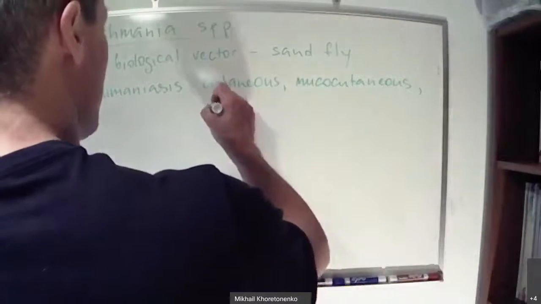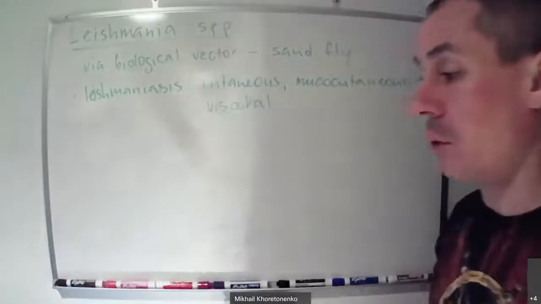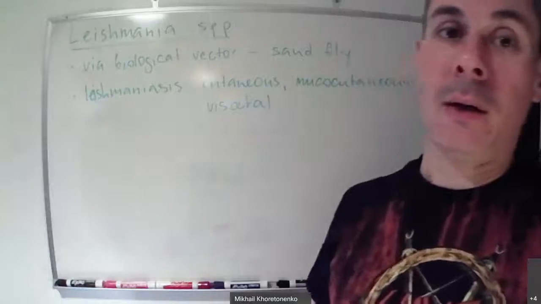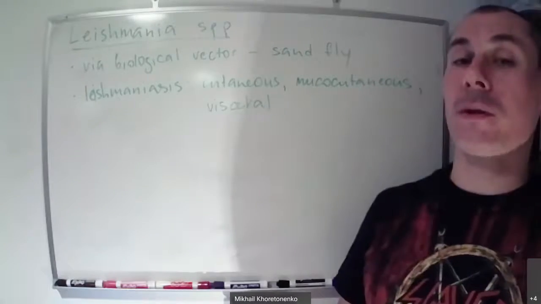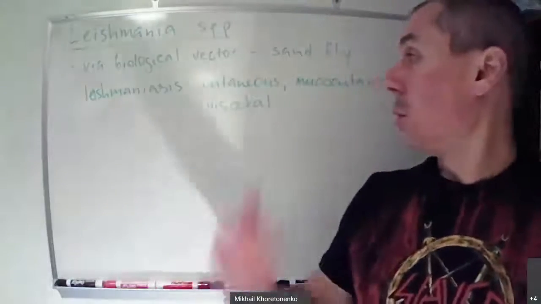And the most severe is visceral leishmaniasis, which implies multi-organ involvement, hepatomegaly, splenomegaly. And if untreated, visceral leishmaniasis is uniformly lethal.